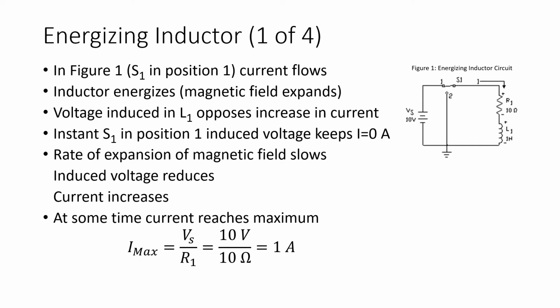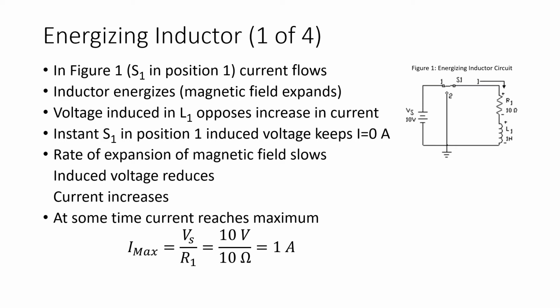While we're here, let's take a look at the polarity of the voltage dropped across R1, which is due to I times R1, and also note the polarity of the voltage across the inductor.